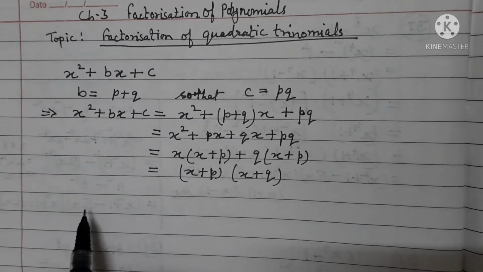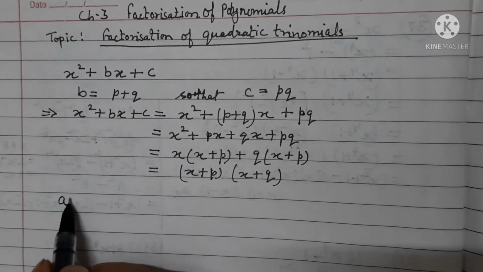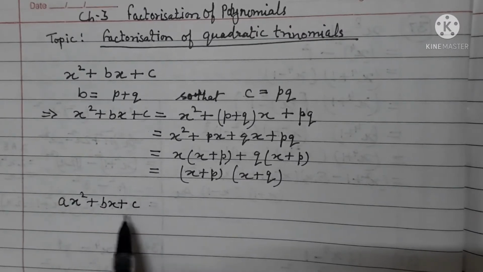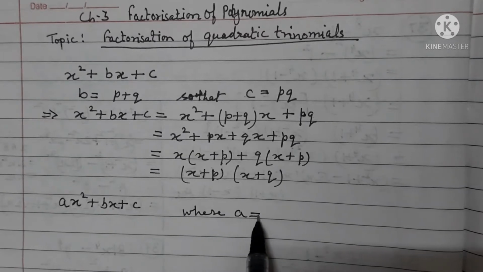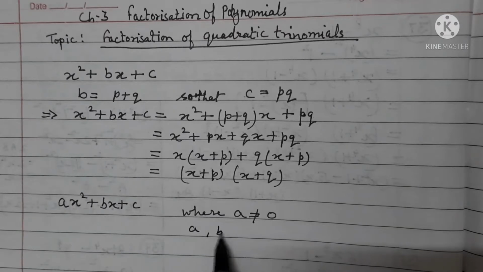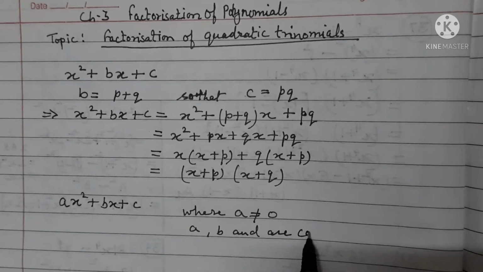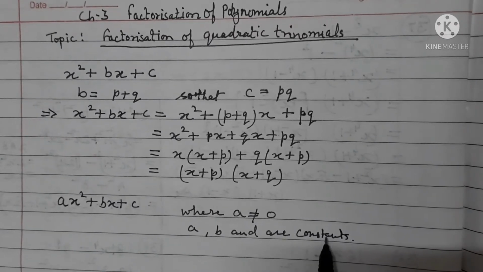Now factorize the quadratic polynomial of the type ax square plus bx plus c, where a is not equal to 0 and a, b and c are constant terms.